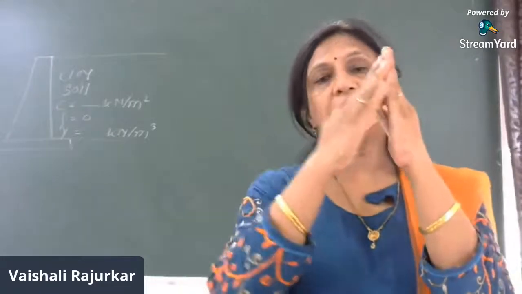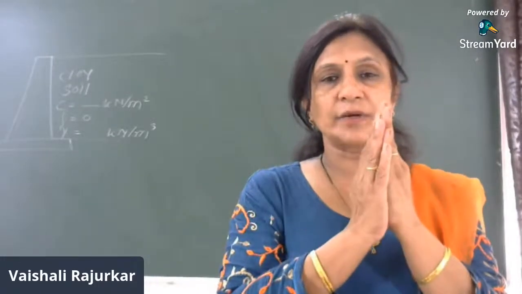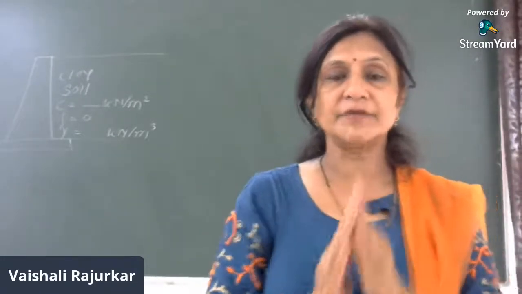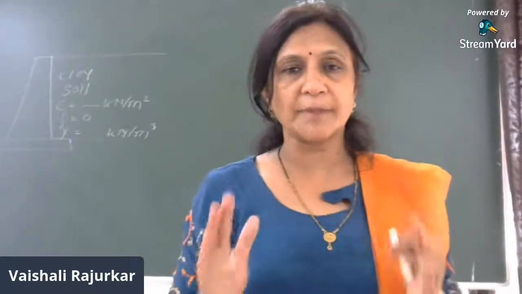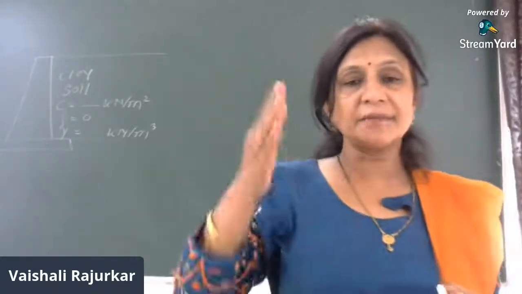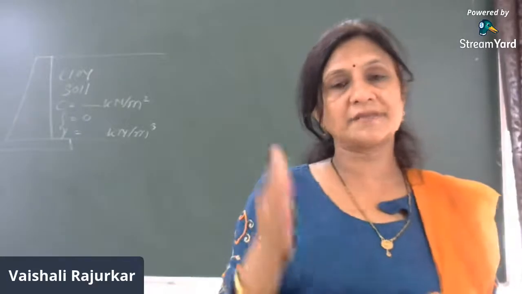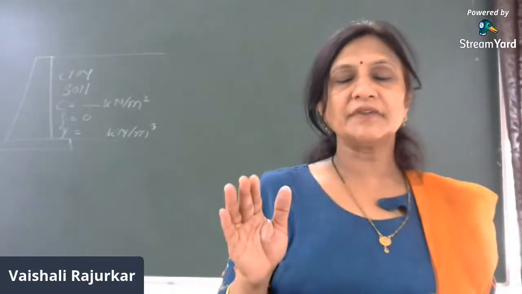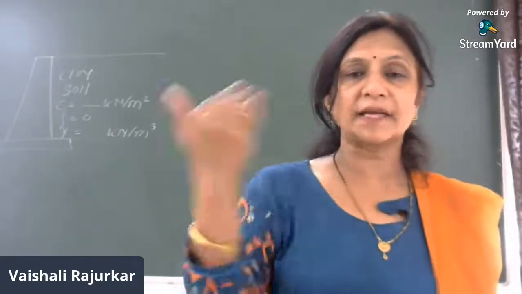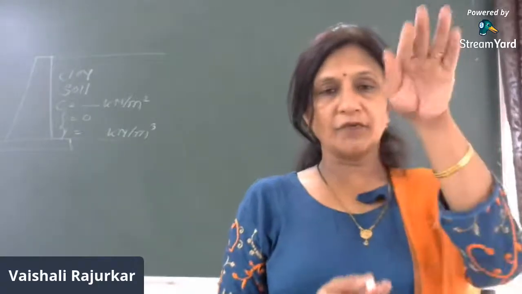But when the backfill soil is a clayey soil, which is a soil that can stand unsupported up to a certain depth, it means it can stand without any support, and therefore the pressure is not acting immediately over the wall.